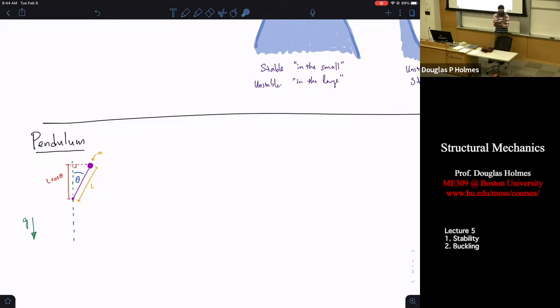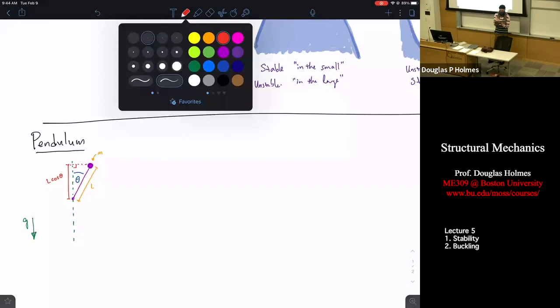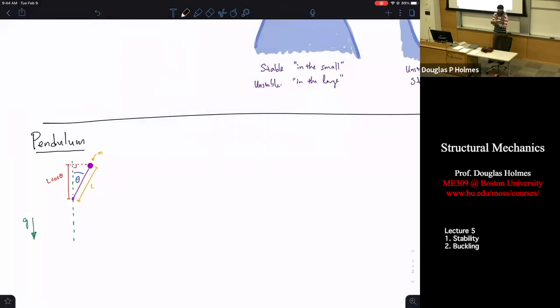So that means our total potential energy, I'm going to write this a little bit more mathematically correct. Our total potential energy only depends on the angle, because that's the only thing that's changing in our problem. And it can be written as mg times the height, but in our case, the height is going to be that vertical projection, L cosine theta.